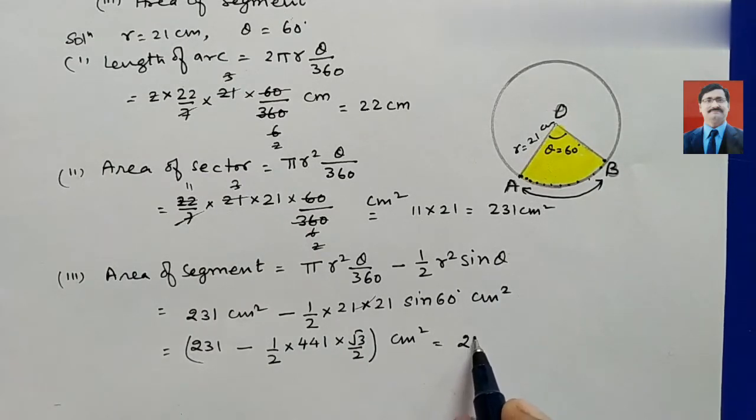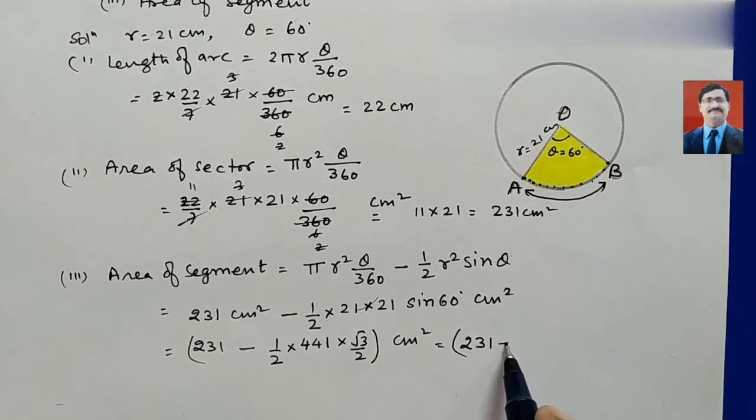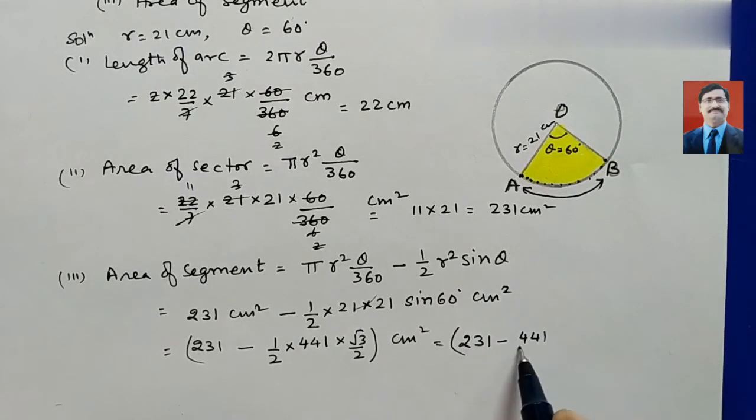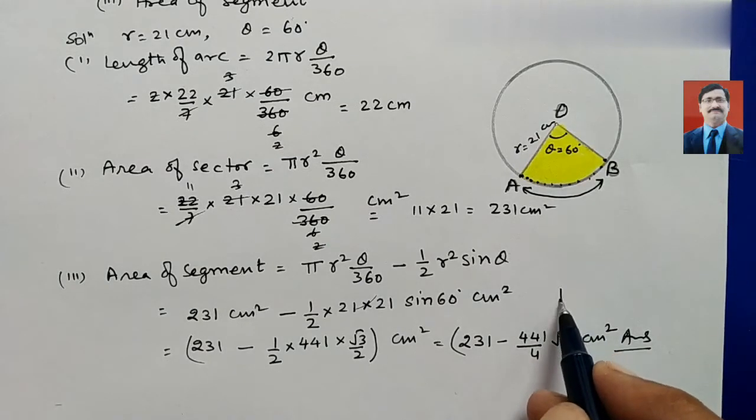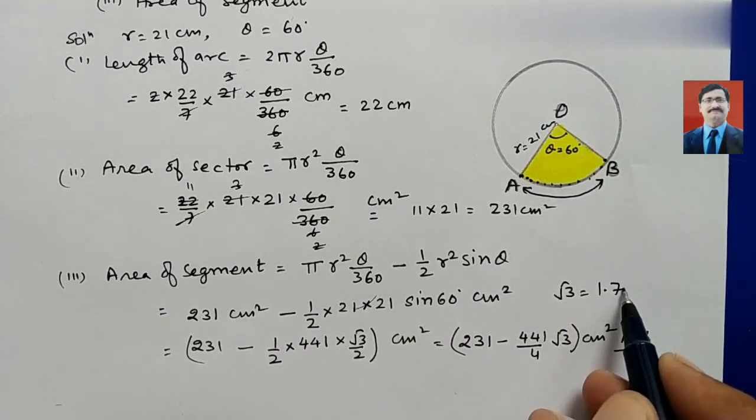Now 231 as it is minus 441 upon 4 and root 3. You can write the answer like this, but if you want to put the value of root 3, we know root 3 is 1.732.